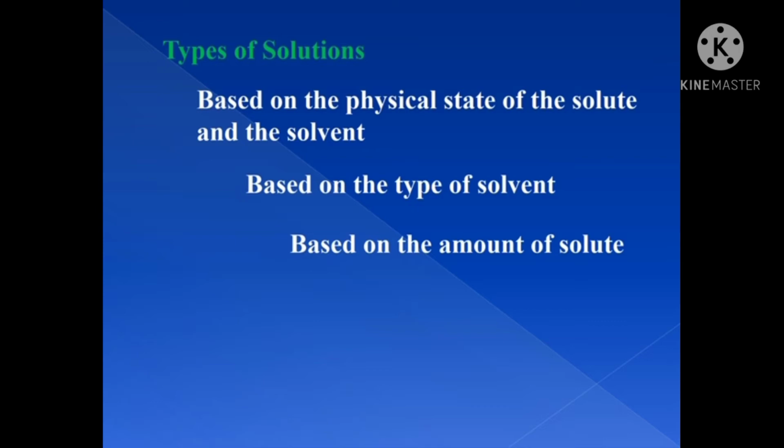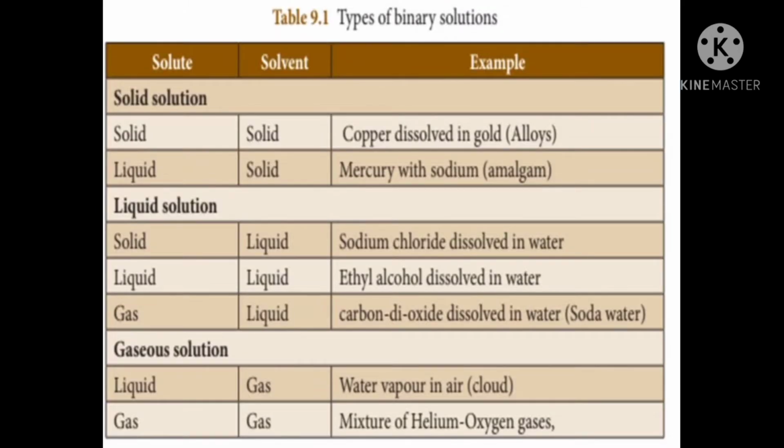Depending upon this, we classify binary solutions as below. First one is solid solution. Here the solute as well as the solvent are in the solid state. Normally we call these alloys.